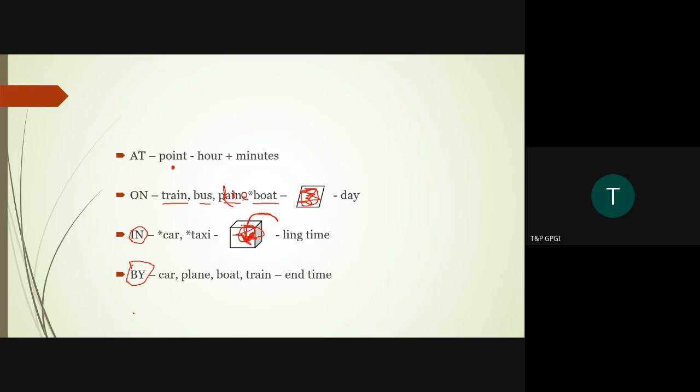So how you can say that: I have parked my car by the red building. I hope you understood how to use by to specify the location. I have parked my car by that red building. So it is very similar to close or near. I hope we are good with this.